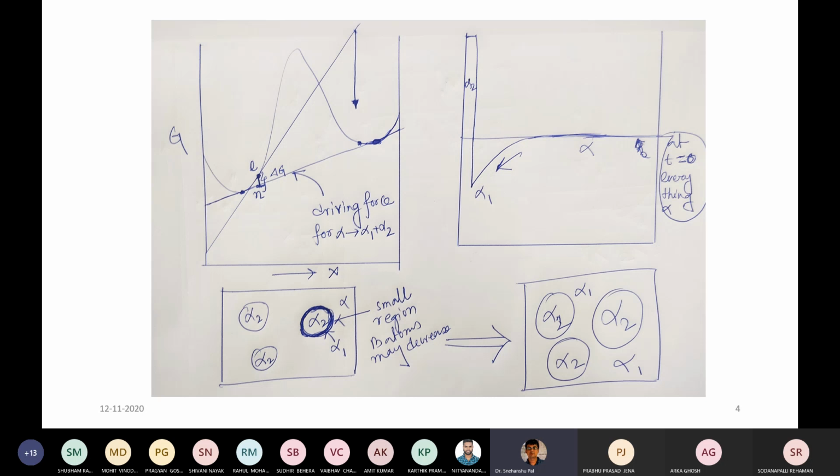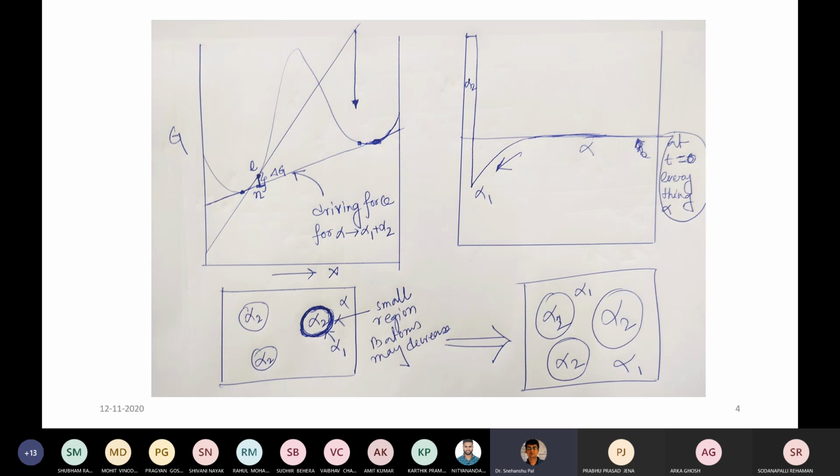If you look at the plot, alpha 2 and alpha 1, that is the percentage of B, you can say alpha 2 is a very B rich phase. Now, alpha 2 cannot be in equilibrium with alpha, but the overall composition should be the same.